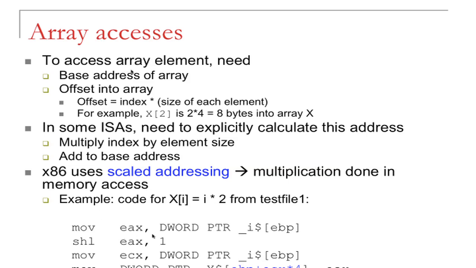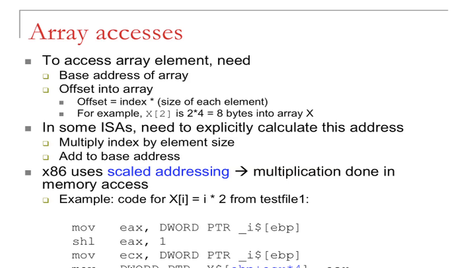First instruction is copying an integer from memory to EAX. What is that integer? That's I, that's variable I. And then the second instruction is that value times 2. Because when you shift to the left by 1 bit, that's the same as you multiply number by 2.